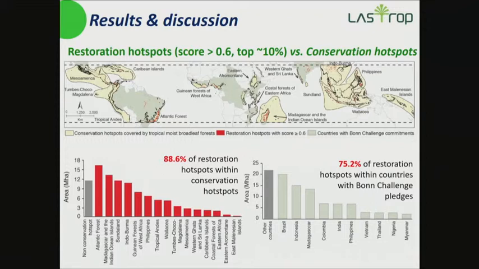It is critical because we can get completely different outcomes by restoring 20 million hectares, depending on where these 20 million hectares are located. So this analysis gives us a great opportunity for getting more benefits from the same restoration efforts.